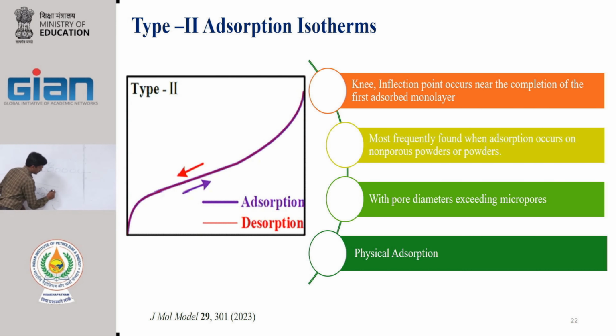Say it's microporous now, and after this point all the pores are filled, so still the gas adsorption is there. Where is it coming from? That should be from gas-gas interactions.